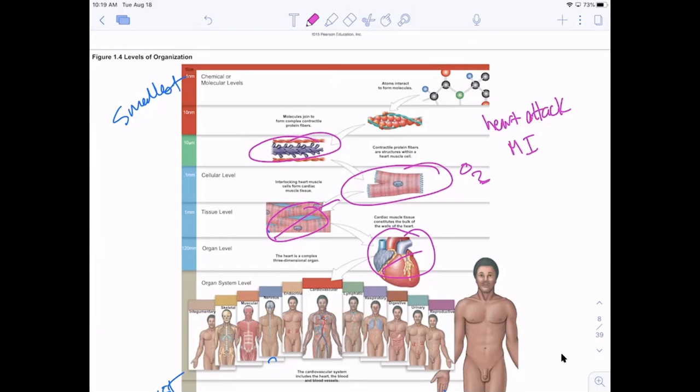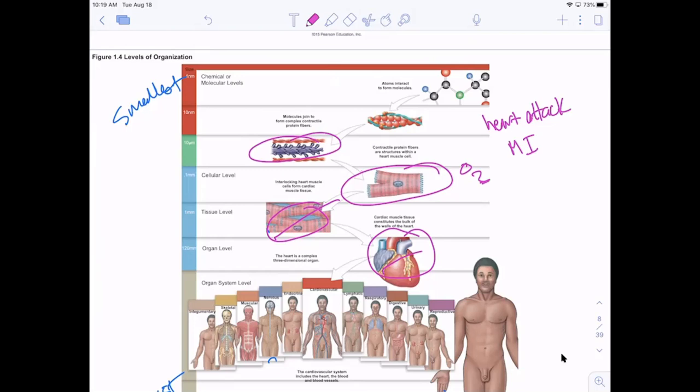So again, review levels of organization. The chemical molecular level, smallest. The cell, smallest living unit of the body. Tissues are groups of cells and the surrounding products and materials that help those cells do their jobs. That's what a tissue is. And again, the 4 primary tissue types.